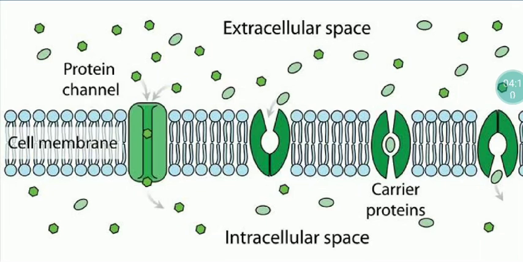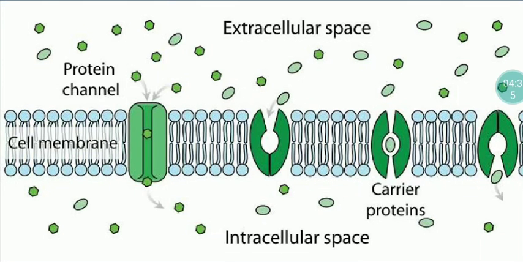The protein which is helping facilitated diffusion is a protein channel. This also happens by simple passive transport. It does not require any energy and takes place along the concentration gradient, that is from higher concentration to lower concentration. And the second type is carrier protein.